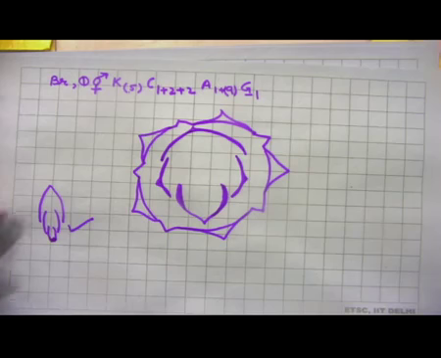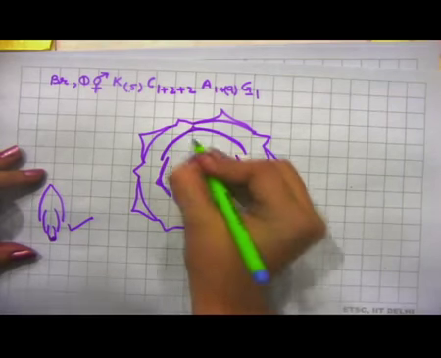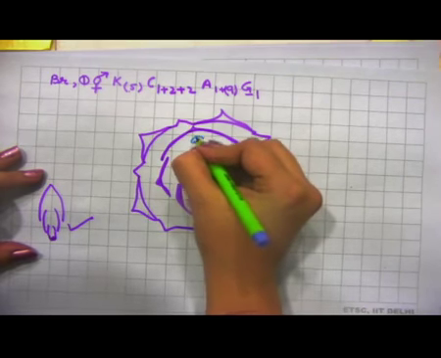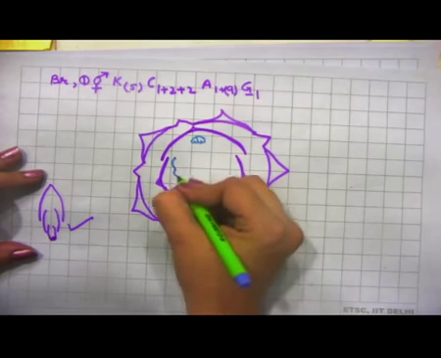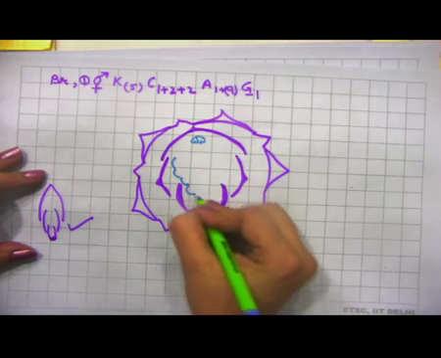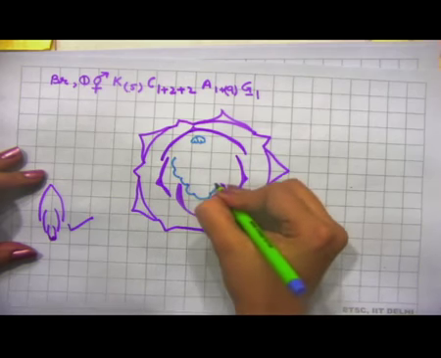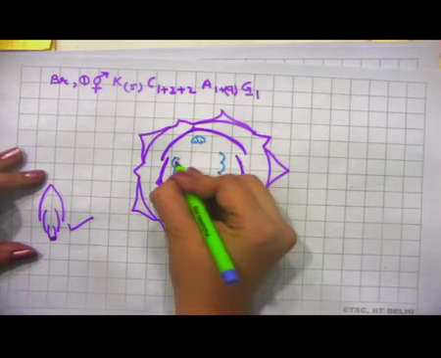Now, we will show the androecium, which is made up of 10 stamens. For the sake of better understanding, I am using a different color here to show the 9 joint stamens. And 9.